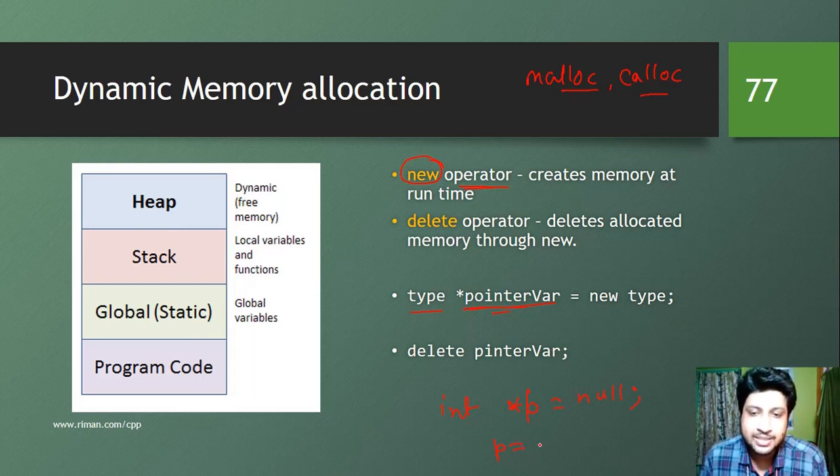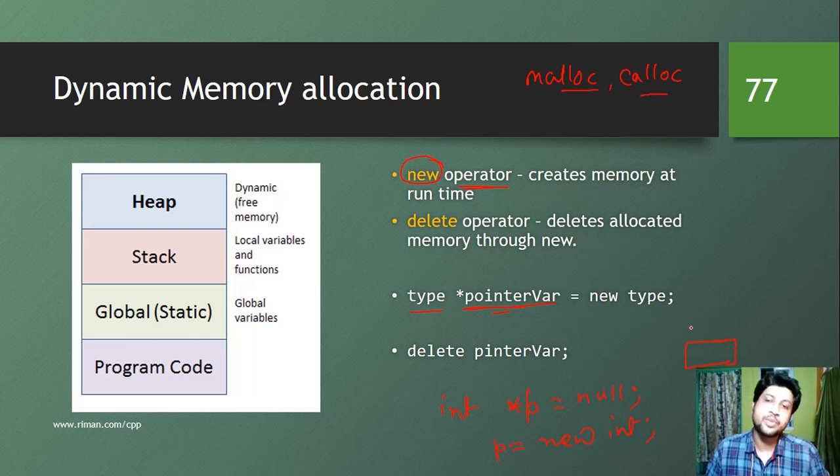So we can write p is equal to new int. It will create a space for this p to locate on. That means what is happening here is, first of all we have created p. So p is here, and its content is null, suppose.